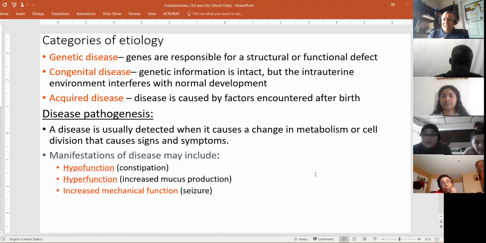Take the example of the thyroid gland. When the thyroid gland is hyperfunctioning, we say that the patient has hyperthyroidism. When a patient's thyroid gland is not producing enough hormones, we say it's hypothyroidism.